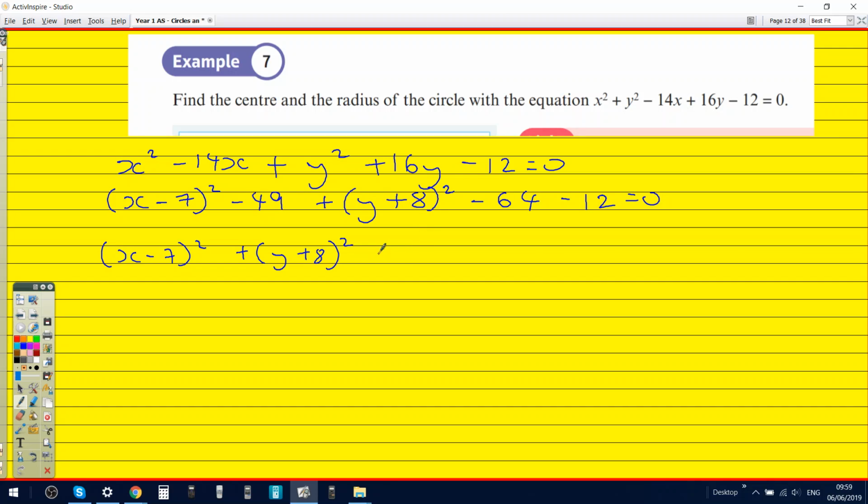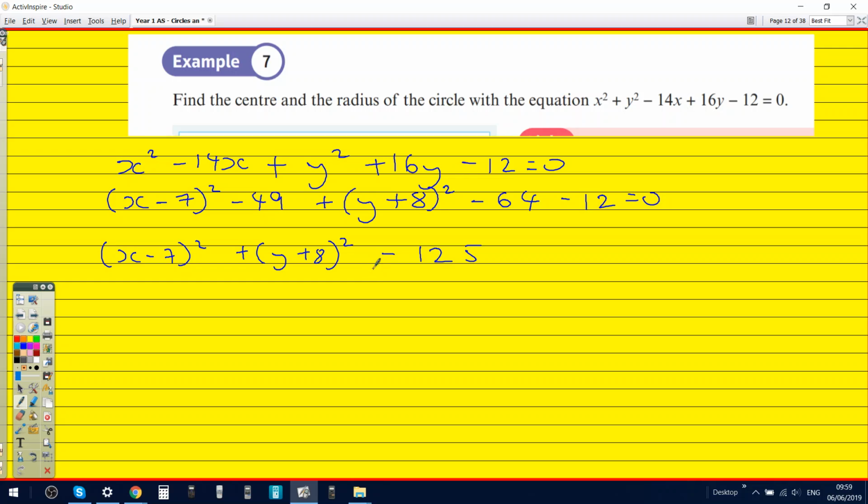Okay. Then we'll take that to the other side. So we've got x minus 7 squared plus y plus 8 squared equals 125.